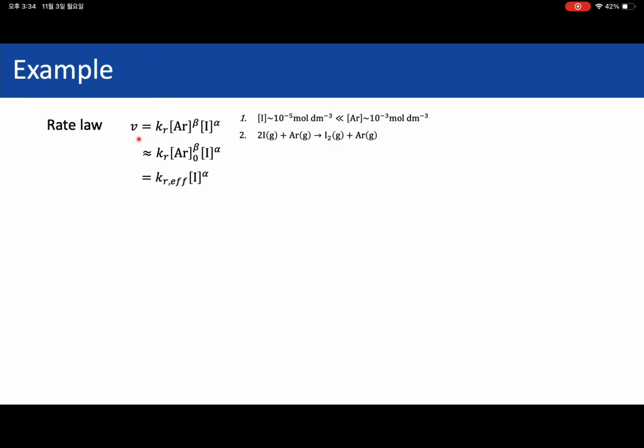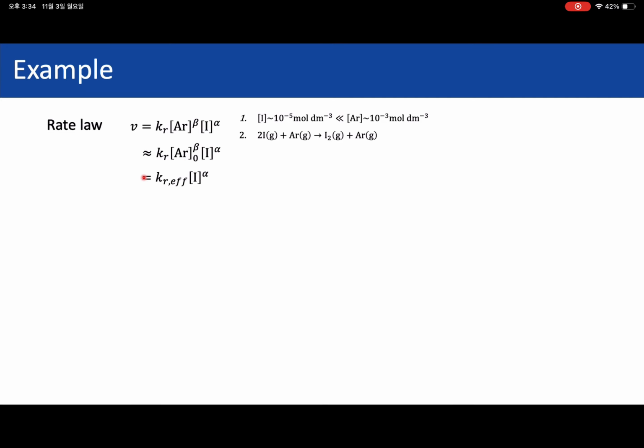Also, if we write down the rate law, v equals k times argon to the power of beta and iodine to the power of alpha. Then we can approximate this argon concentration to the initial argon concentration, because this is not a variable anymore.